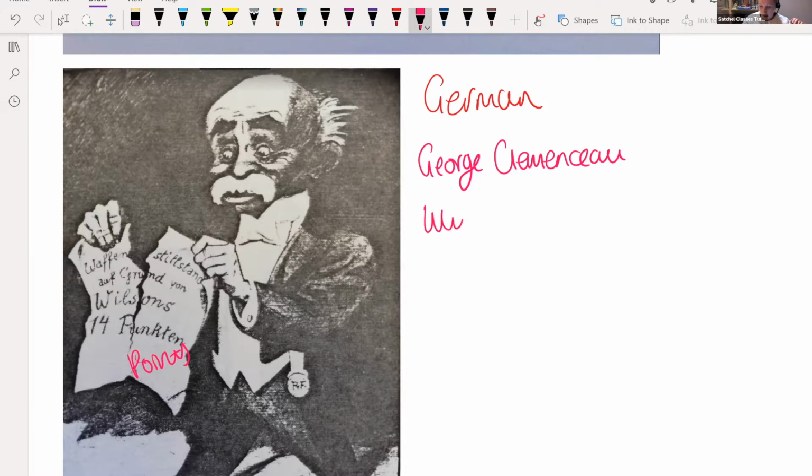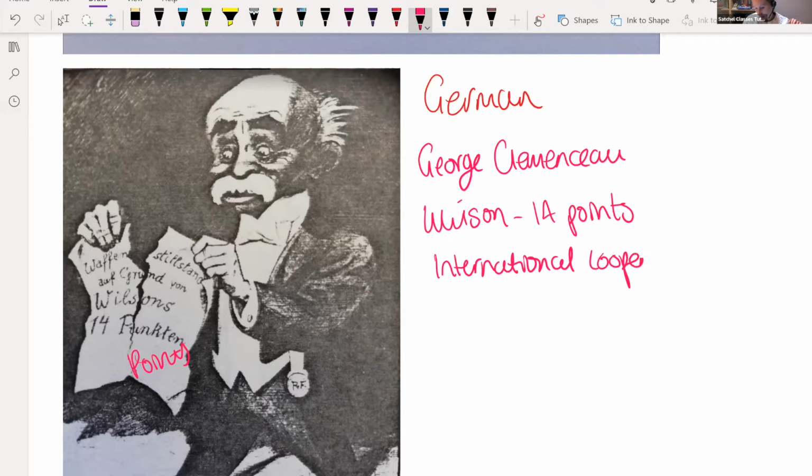Now again, your contextual knowledge comes in here. Wilson's 14 points were about international cooperation and maintaining peace.